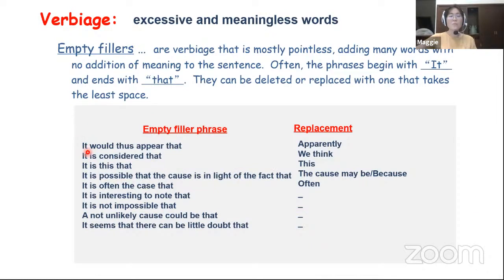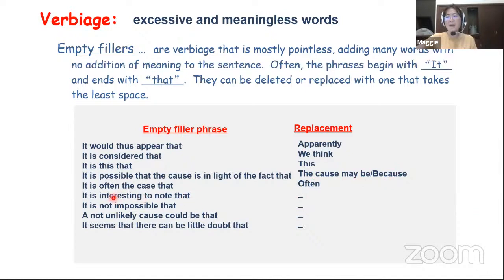For example, the first one, it would thus appear that, just replace by apparently. The second, it is considered that, just replace by we think. The third one, it is this that, just use this. And it is possible that, the cause is, in light of the fact that, it's a long sentence, just say the cause may be, or just use because.